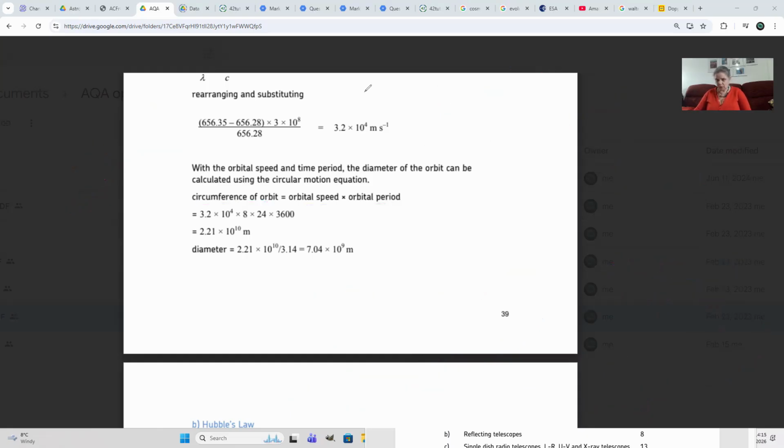Okay, I want to talk about Hubble's law then. So we've talked about the Doppler effect, and we've talked about the fact that you can use it to work out the speed of something. And Edwin Hubble, he figured that you could then apply the Doppler effect, this shift, to work out the speed of recession of loads of stuff, right?